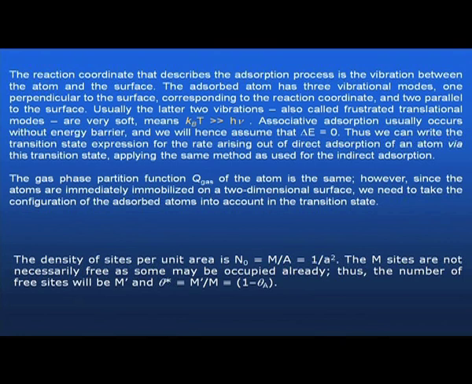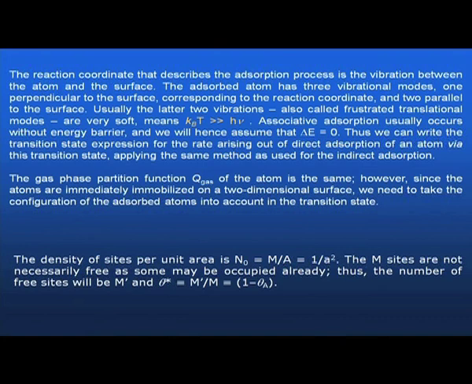This means your kT, that is the thermal energy, is much greater than your frequency of vibration. Now, associative adsorption usually occurs without an energy barrier. So, in that case delta E, for all practical purposes, we can assume to be equal to 0.